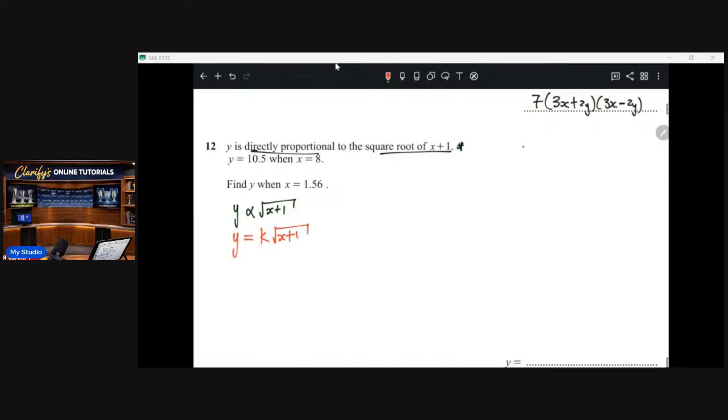Well done. Now you've put your k. Now you need to find the value of k. That's your next job. How do you find the value of k? You use the next sentence. We go sentence by sentence. They said y is 10.5 when x is 8. So you now say let y be equal to 10.5 whilst x is equal to 8.